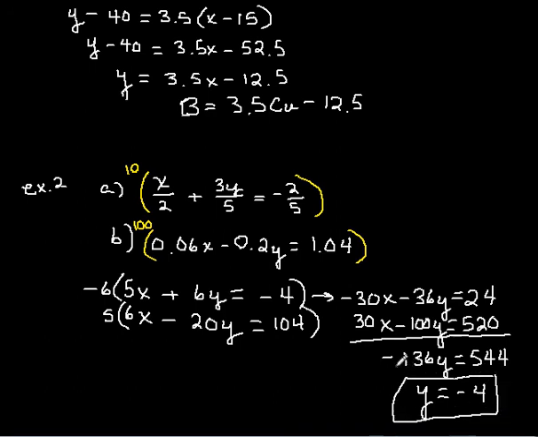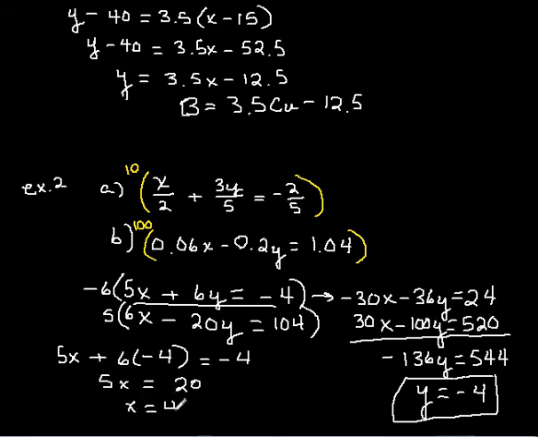The problem's not done until you go get your x. So I'm going to replace it into this equation right here. So we're going to get 5x plus 6 times -4 equals -4. 5x, I'm going to add 24 to both sides, equals 20, and x very nicely is 4.